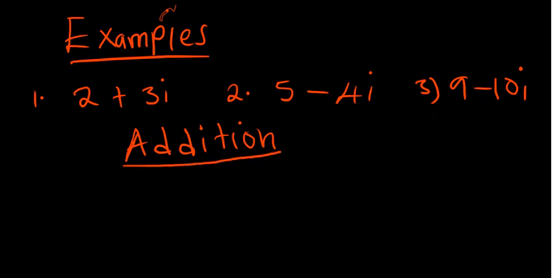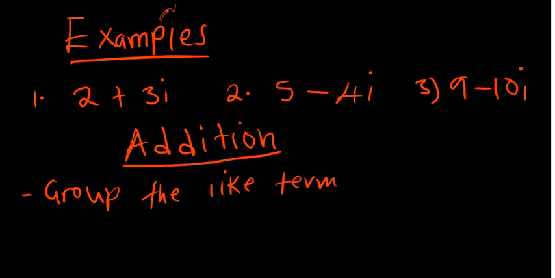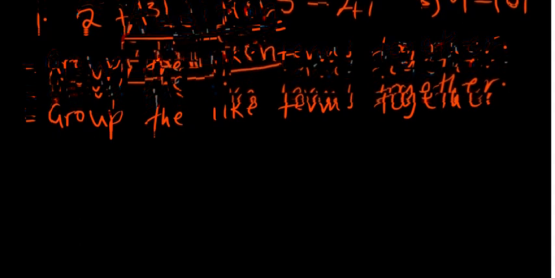Complex numbers are just added just like polynomials, where you just group the like terms together. So let's give an example.